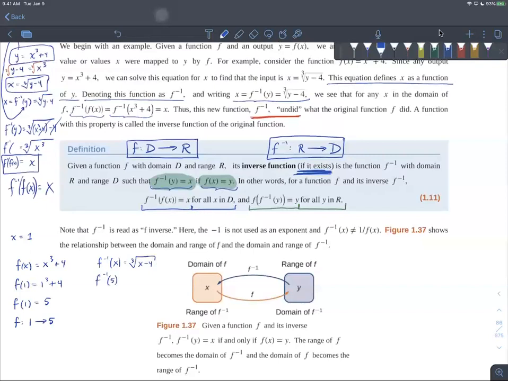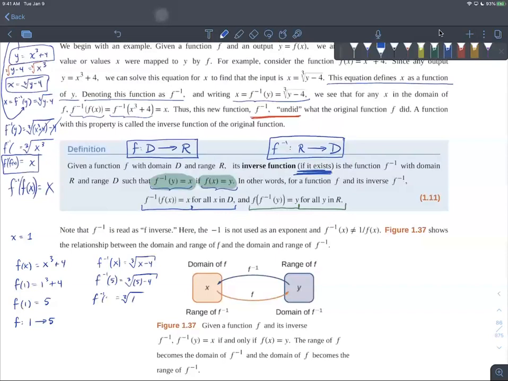It's going to undo. Notice that f took in 1 and transformed it under its rule to 5. Now f inverse is going to take 5, and when we plug in 5, we have 5 minus 4, which is equal to 1.